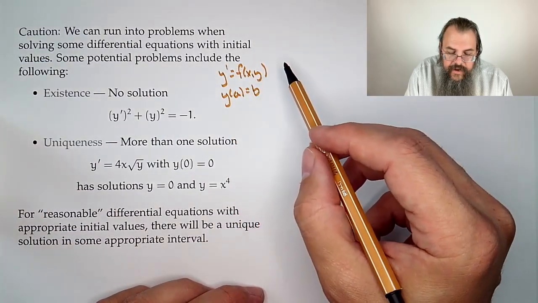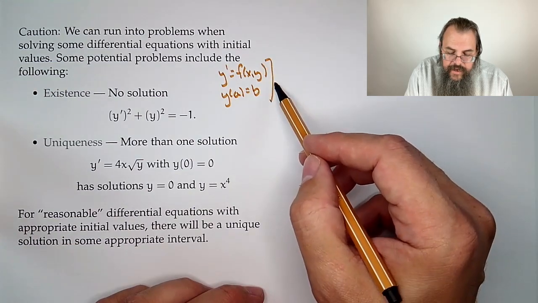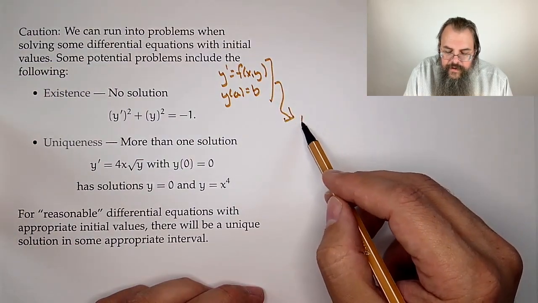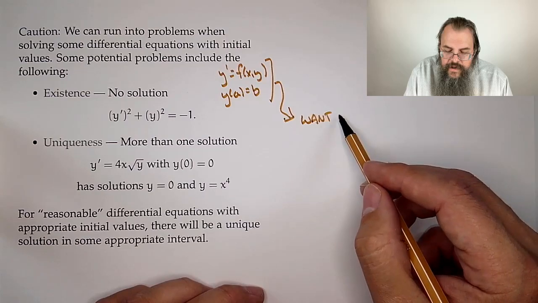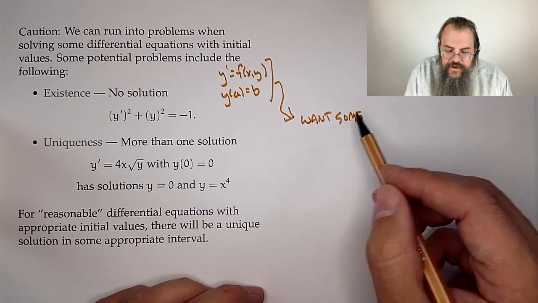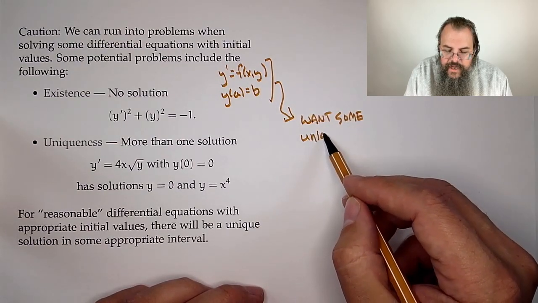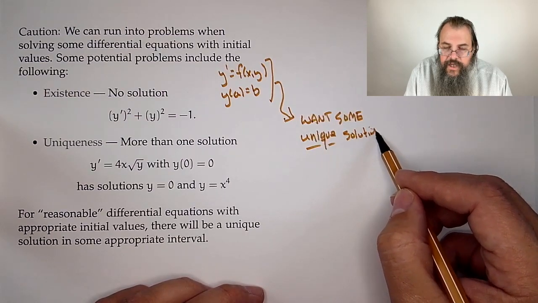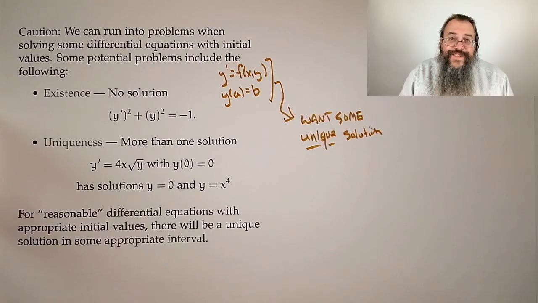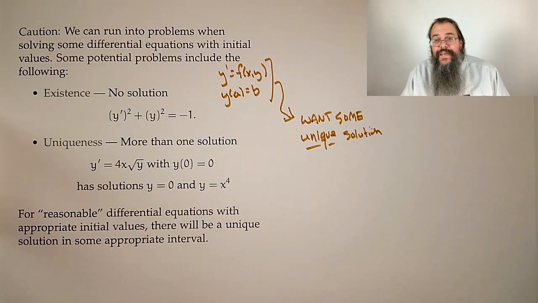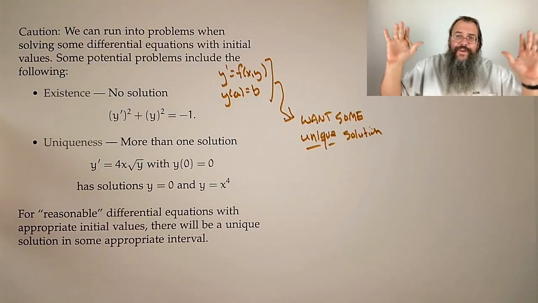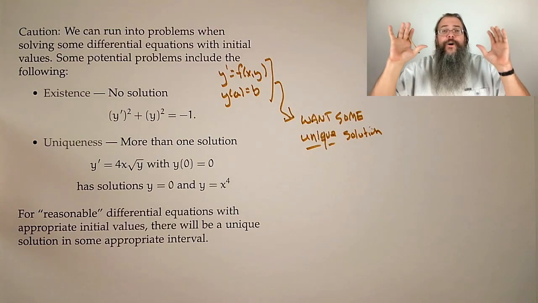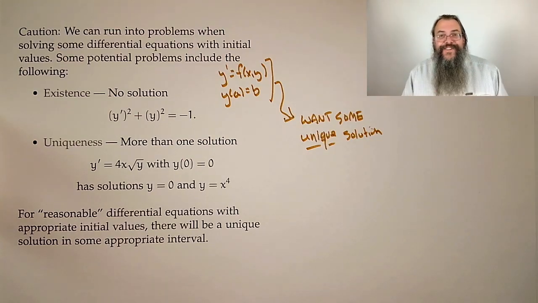And what we'd like is to have some unique solution. That would be the ideal. That would be like, oh, if we could get that, life would be so good, we would be happy, and we would be like, yeah, we found the one solution that works.